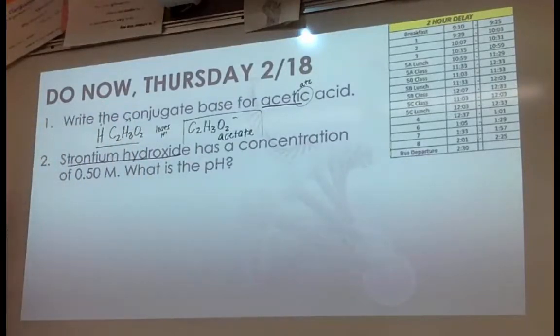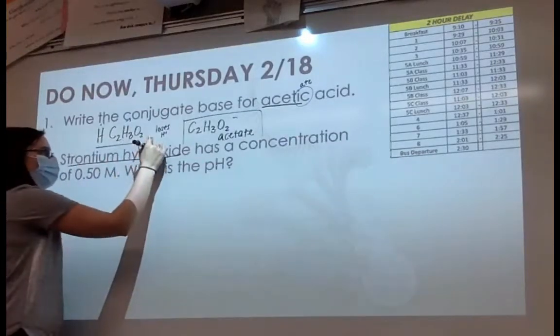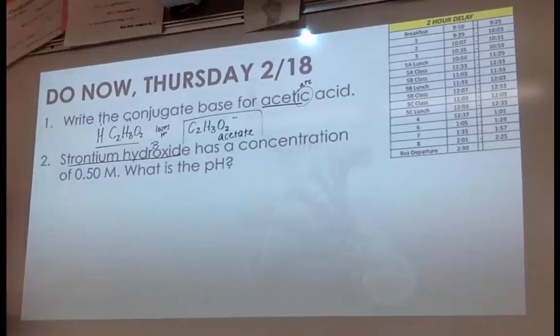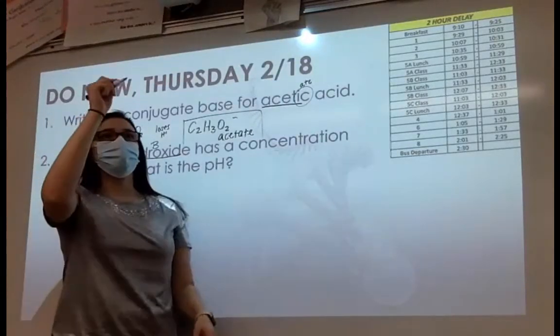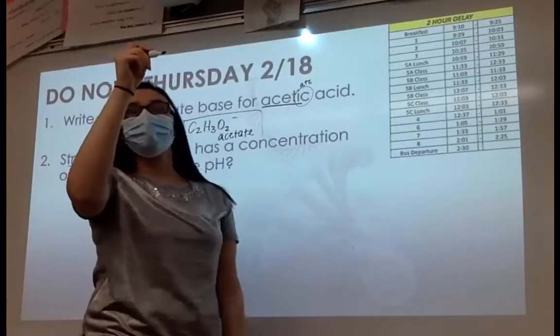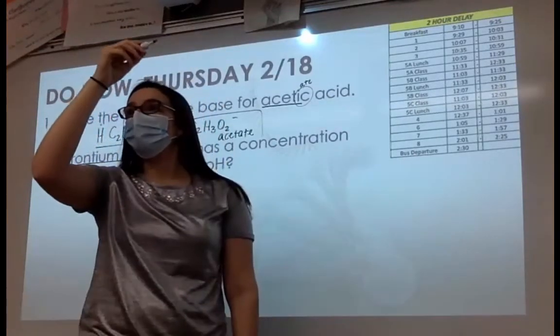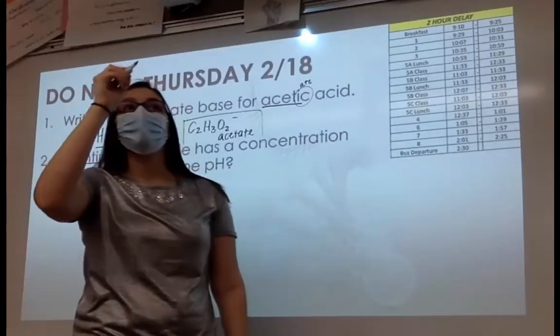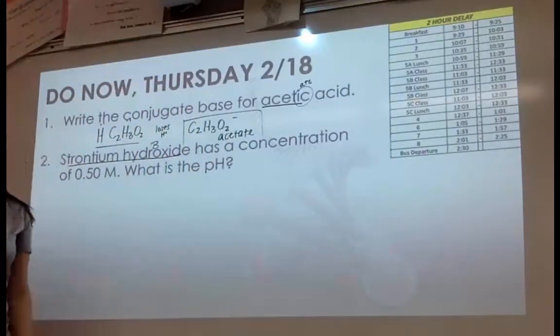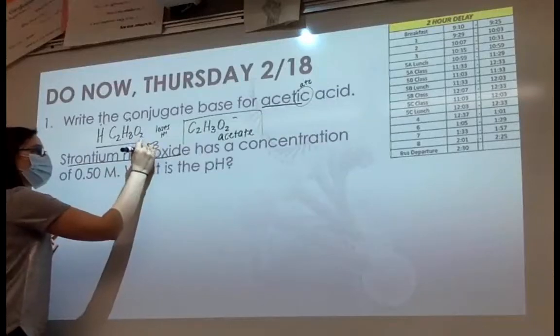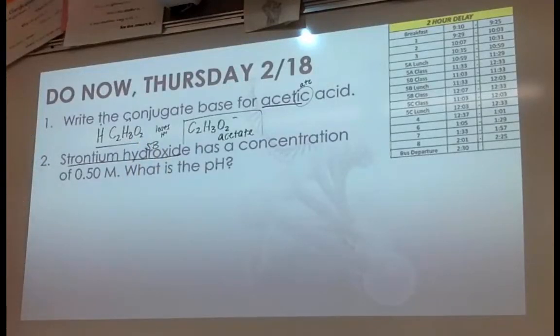If it ends in hydroxide, it tells me it's a base. If you remember the strong bases on the periodic table, make that a lowercase b. So lithium all the way down, calcium down. Strontium is part of that lowercase b, which means that strontium hydroxide is a strong base.